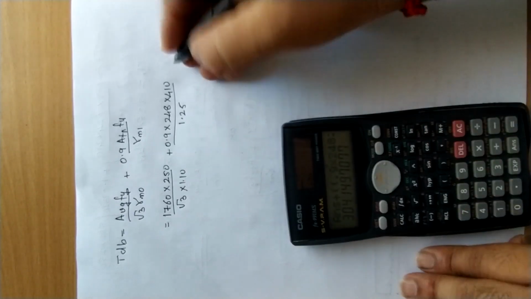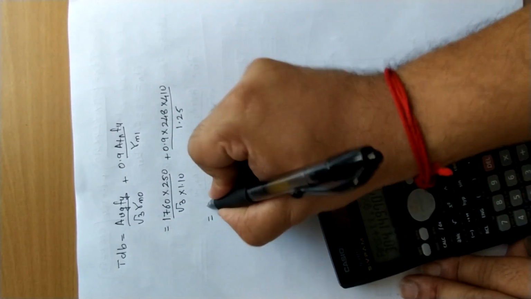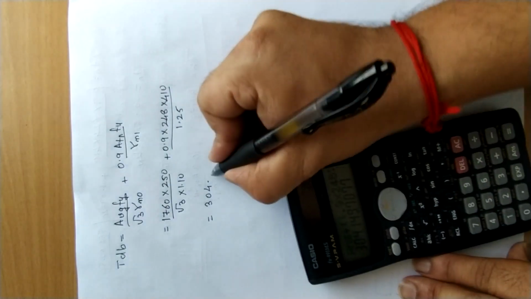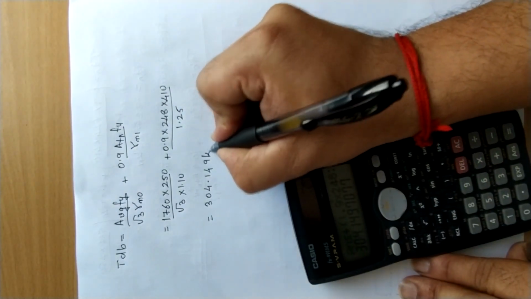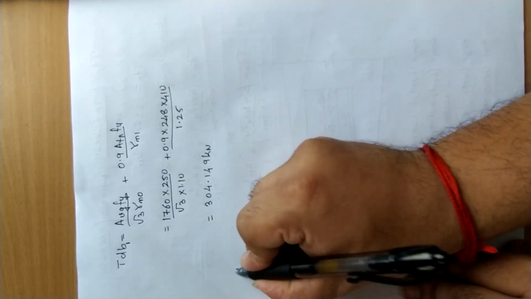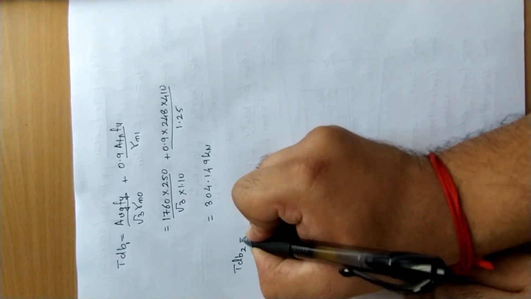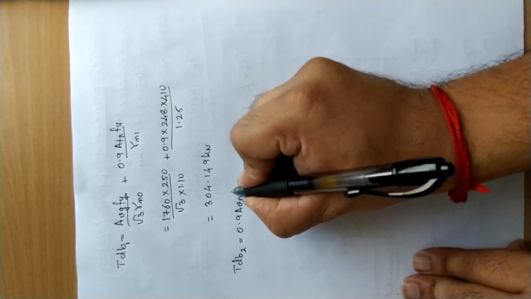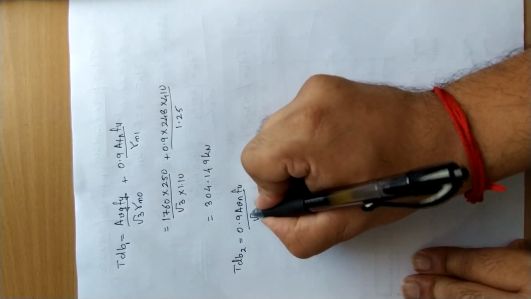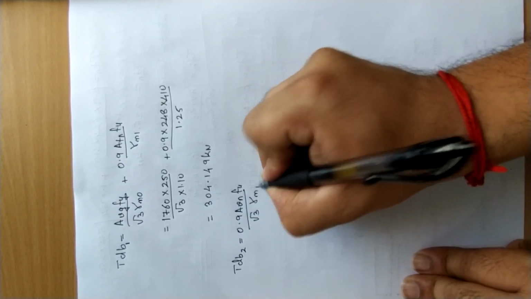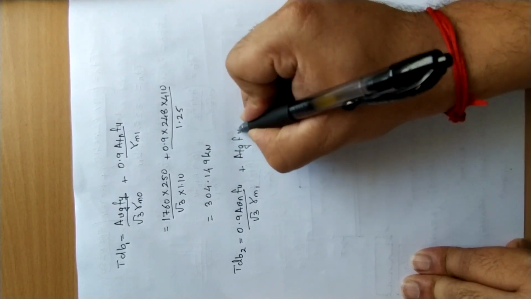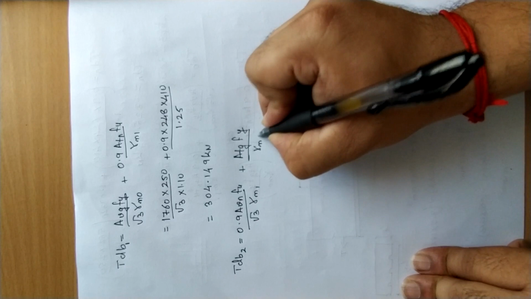So this is working out to be 304.149 kilonewton. So this is one of the components. So I will write it as TdB1. Let us compute TdB2, which is given by 0.9 AVN Fu divided by root 3 gamma m1 plus ATG Fy divided by gamma m naught.